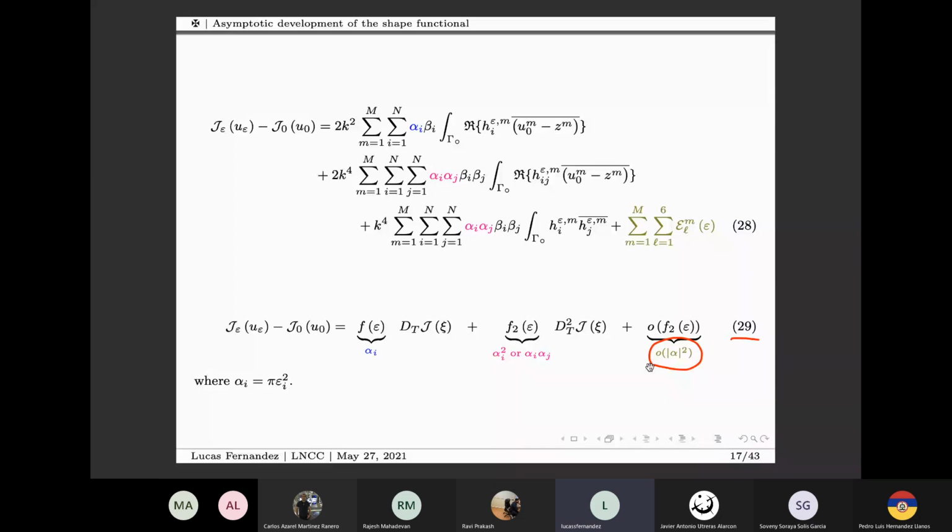Such remaining terms are highlighted in green, and I will not show them explicitly. Obviously, this asymptotic expansion 28 is not the final form because we have these functions hi epsilon, hij epsilon, that are dependent on epsilon. So we'll have more work to do here.